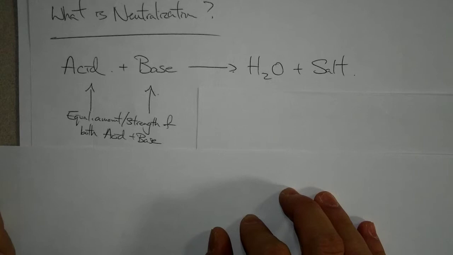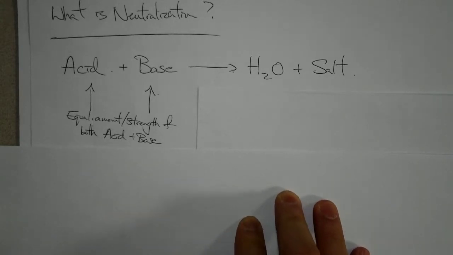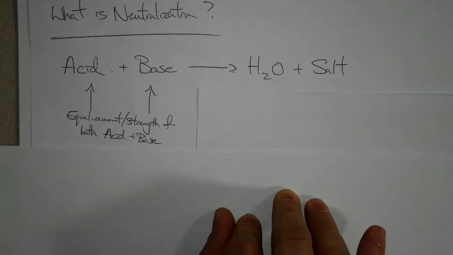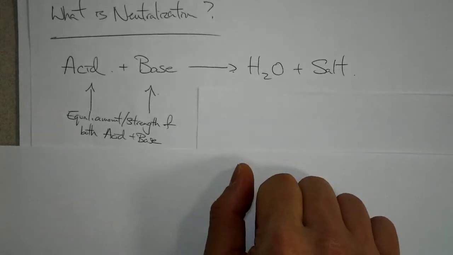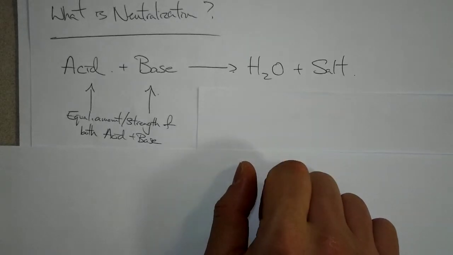So you can't just say, oh, I'm just going to put 1 milliliter of this and 1 milliliter of that. It's not always that. You need equal amounts or equal strength of both acid and base. When you do that, you will have water and salt. Depends on what kind of acid and base you're talking about.